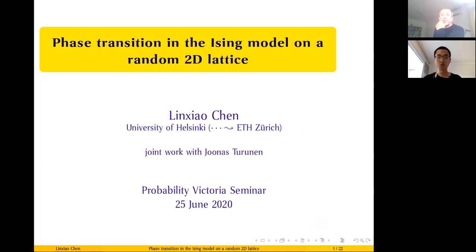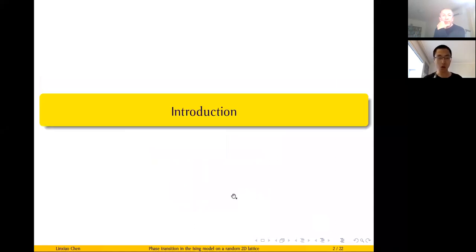Okay, so today's talk will be about the Ising model on a random 2D lattice. The structure of the talk will be in two parts. In the first part, I will introduce the general context of the problem. This part will contain an introduction to the Ising model and to what I mean by a random 2D lattice.